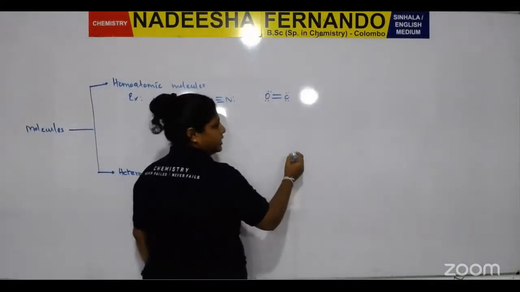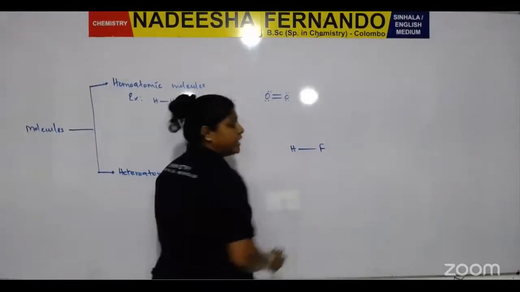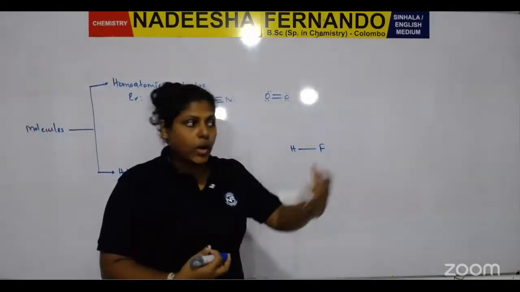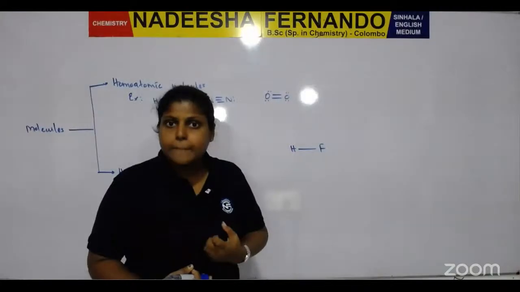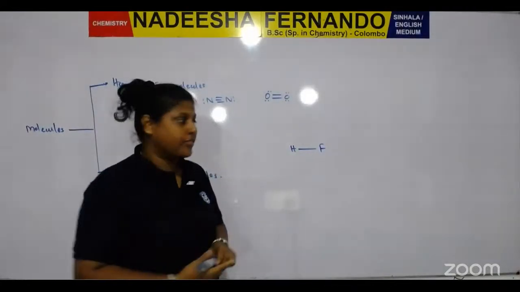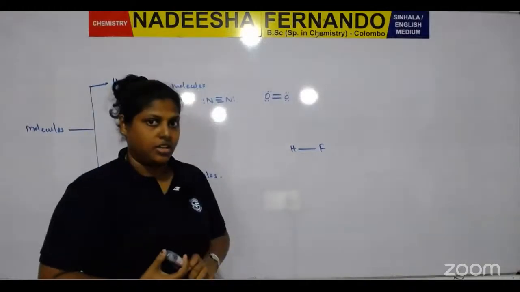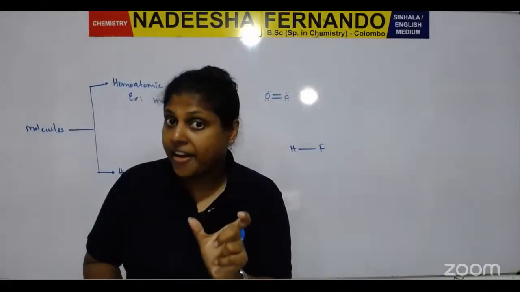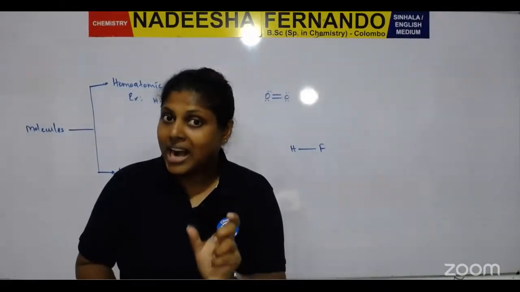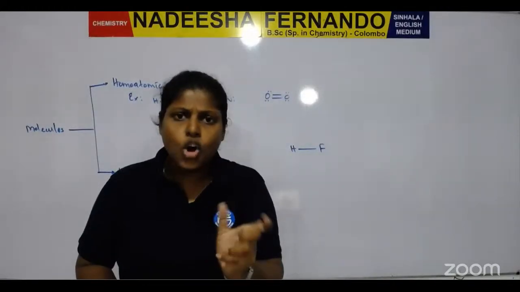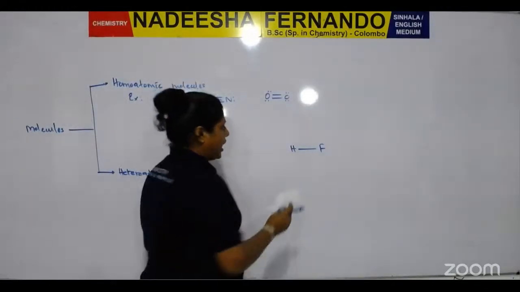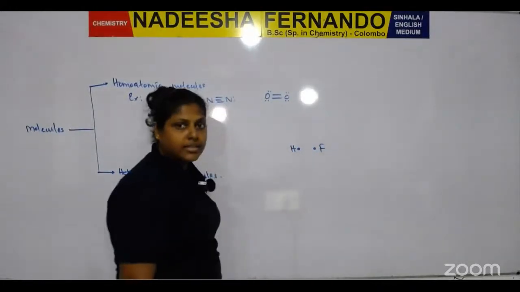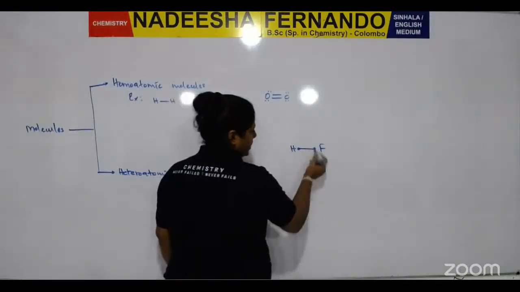For example, if I take the HF bond, fluorine has more ability to attract the bonded electrons. This is a covalent bond, which is formed by two atoms sharing electrons, given by both atoms. Hydrogen has given 1 electron. Fluorine also has given 1 electron. That is the bond.